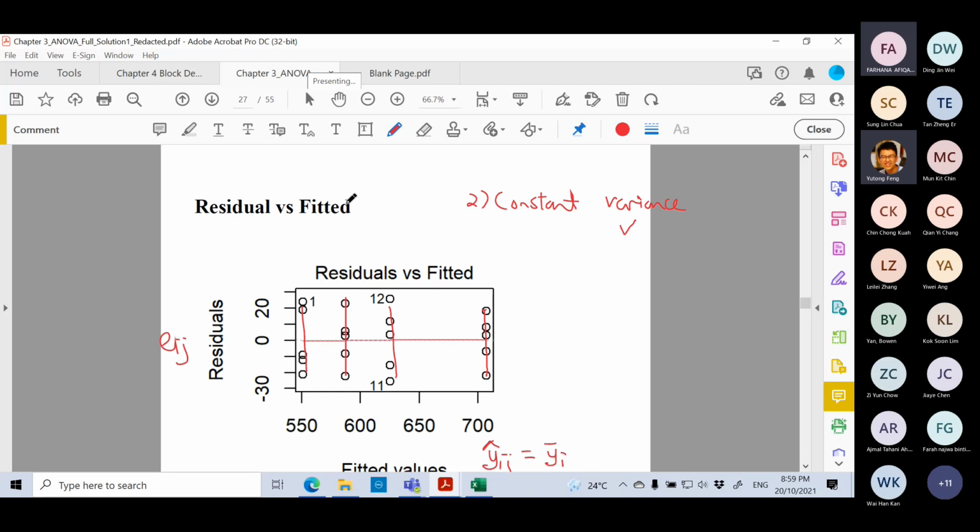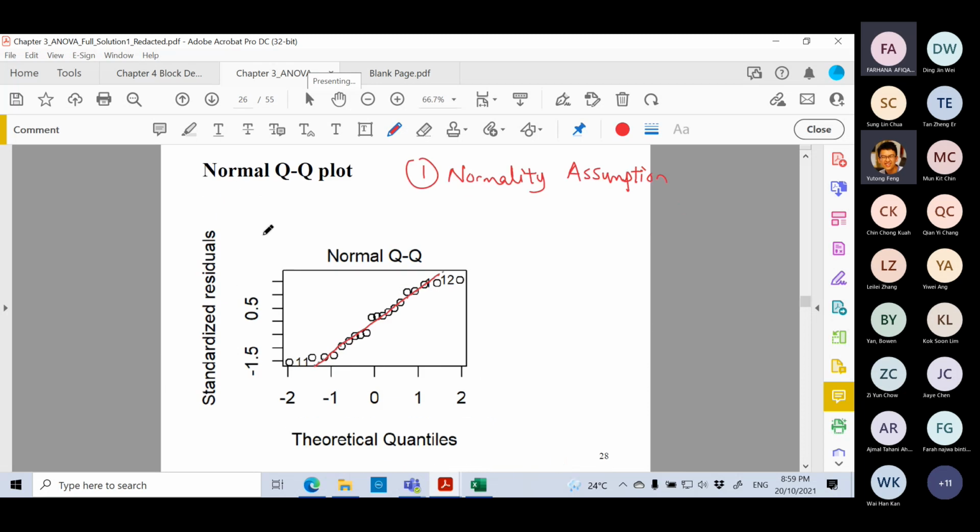For the first one, you can check with the normal probability plot. Of course, besides the normal probability plot, you can also carry out the goodness of fit test, or you can plot the histogram. To check whether the data follow the normal distribution or not, the formal test is the goodness of fit, or you can draw the graph.